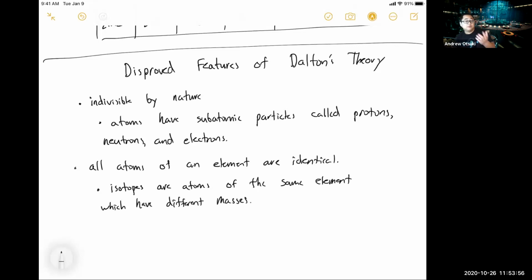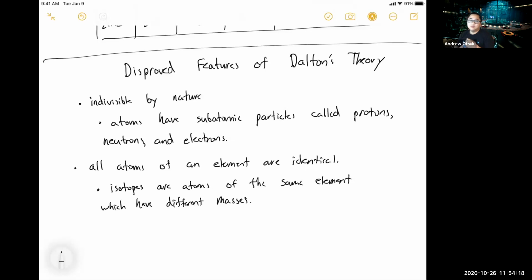So isotopes are like a different type of the same atom, but with a different mass, and that disproves that all atoms of an element are identical. They are not. Okay, so that's Dalton's theory.